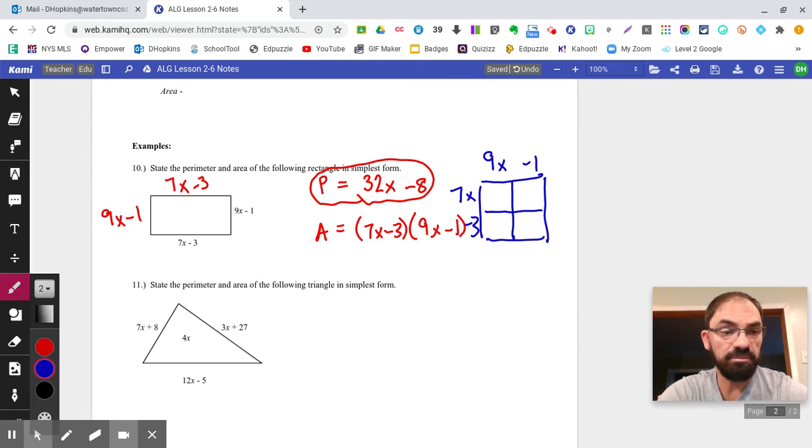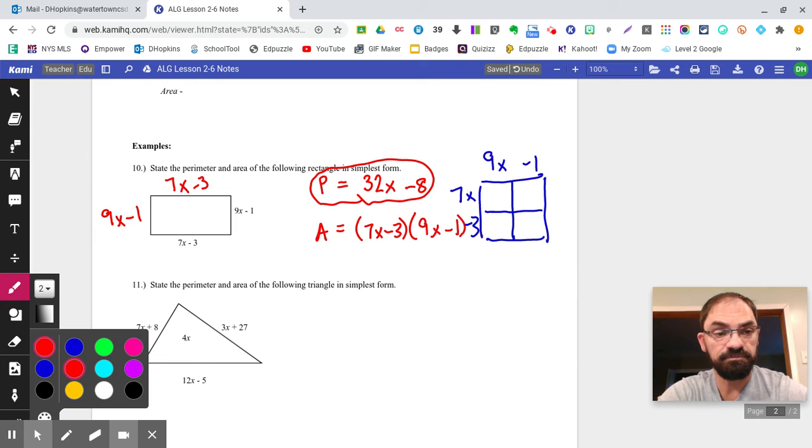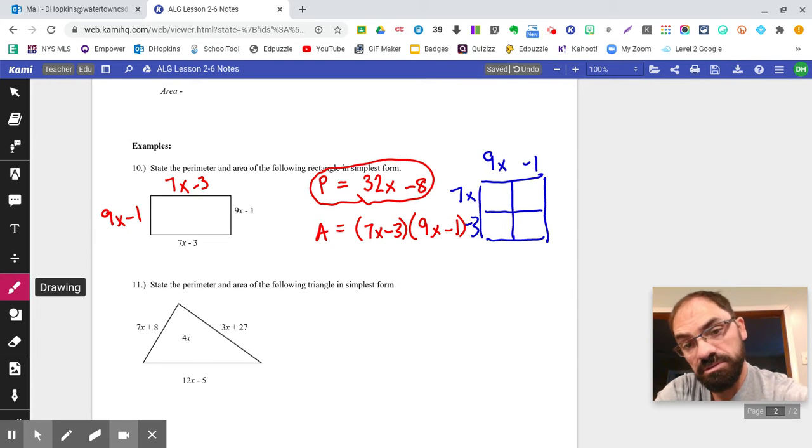So inside the box we had 63x squared, 7 times 9, and then x times x. 7x times negative 1 is negative 7x.